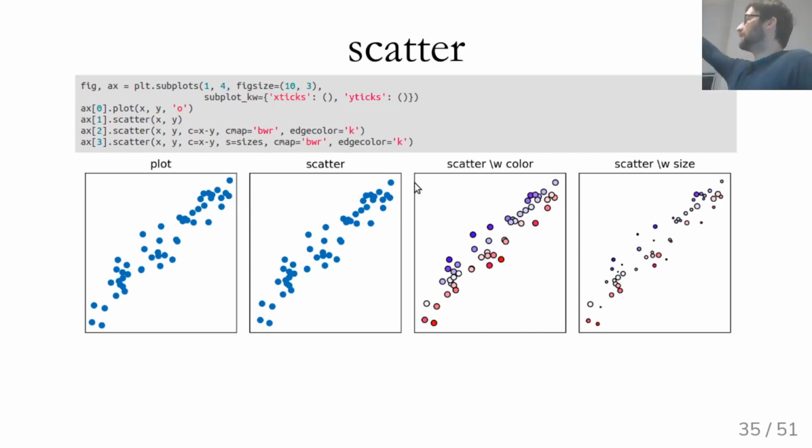In this case, I set c to be the difference from the diagonal, and I use the contrasting color map, so everything that's on x equal to y is white, everything above is blue, and everything below is red. So scatter can also set the color individually for each point, and can also set the size individually for each point. If you don't want to do that, then plot and scatter do the same thing. New in Matplotlib 3, I think, is you can also have legends for scatter plots. But it's a little bit annoying.